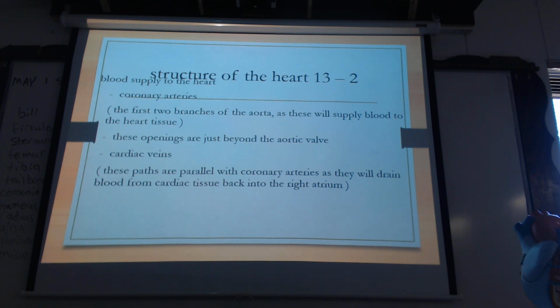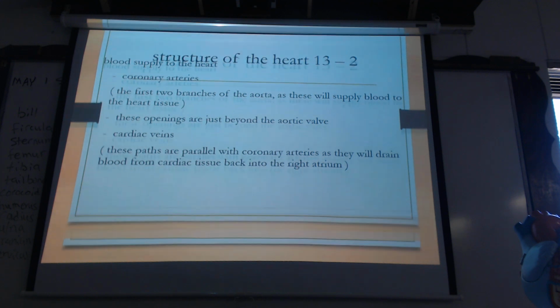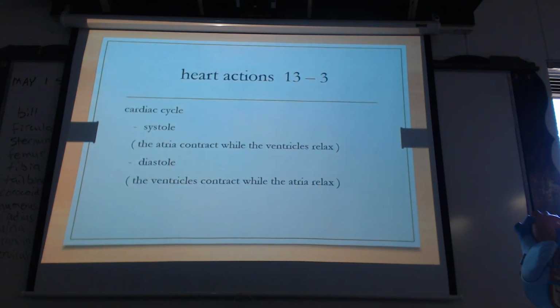Okay, so the 2 parts of the cardiac cycle are called systole and diastole. And one way to look at that is when systole is happening, the atria are contracting, I believe. And then when diastole is happening, it's the ventricles then. Okay, see if that is correct. Okay, systole, yes, the atria contract while the ventricles relax.